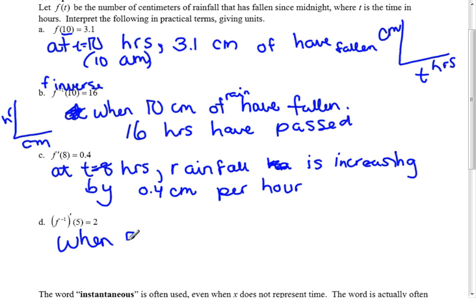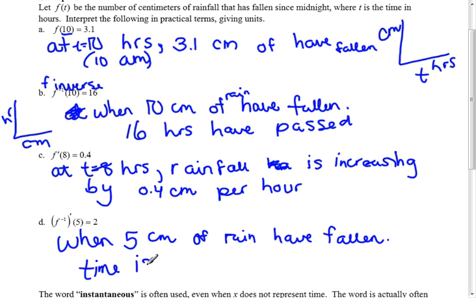When 5 centimeters of rain have fallen, okay, right at that point, let's see, this is hours per centimeter, so we could say maybe time is passing, and it's passing by 2 hours per centimeter.